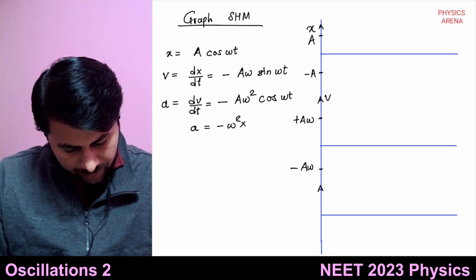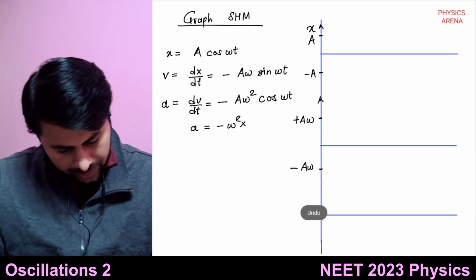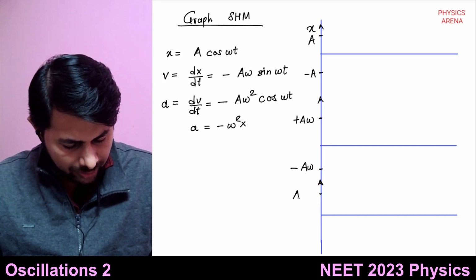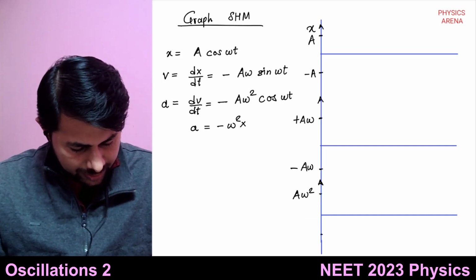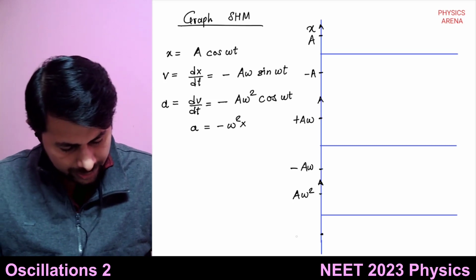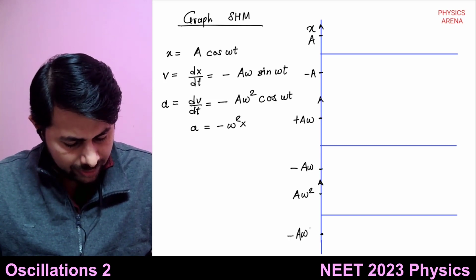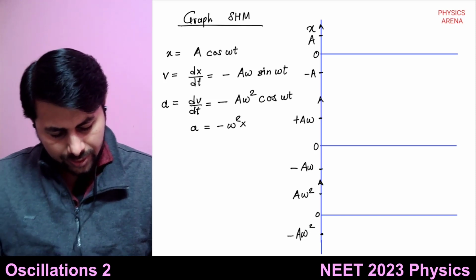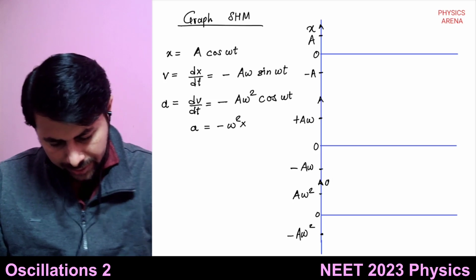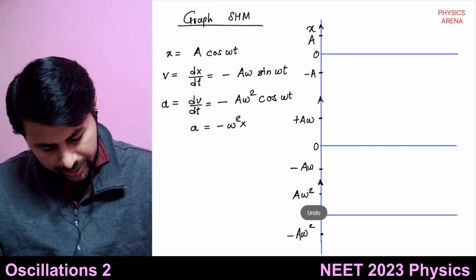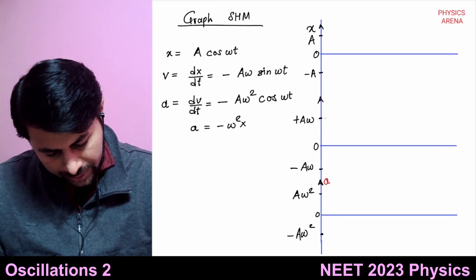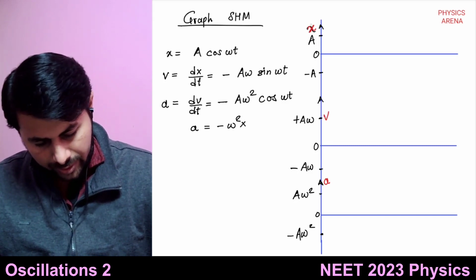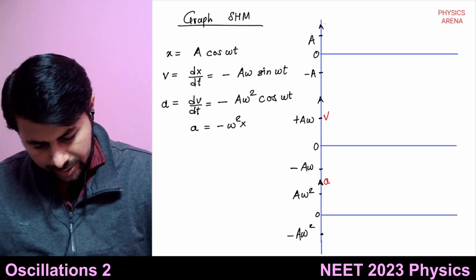And for acceleration, you have the maximum value a omega square and the other extreme value is minus a omega square. So this is 0, 0 and 0. This is acceleration, this is velocity and this is position.